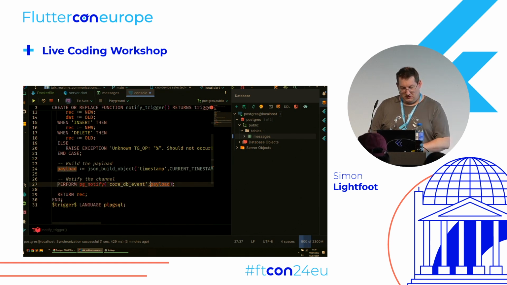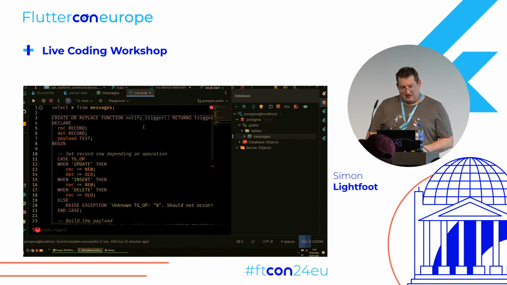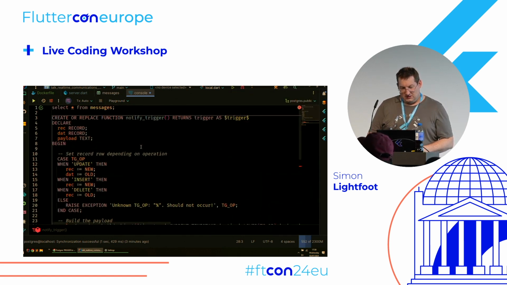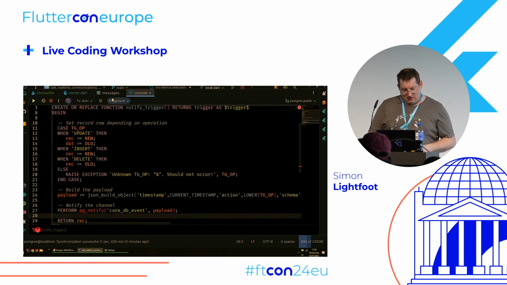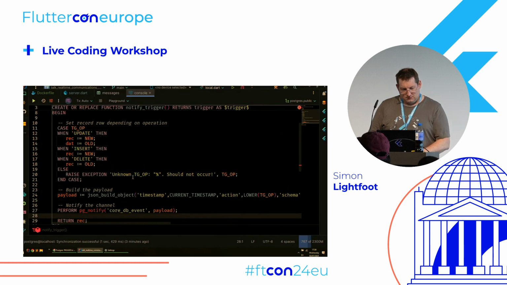This is the payload we're talking about. And in this case, what we're doing is setting up a trigger. This is a function that returns a trigger. How do they set that up? Okay. Sure.